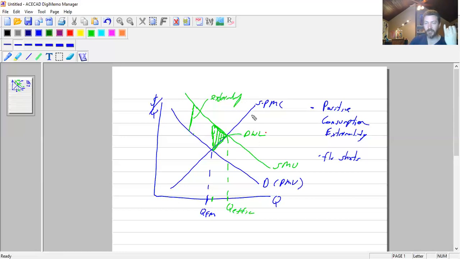All you have to do is just understand what kind of externality you're talking about. Is the externality positive or negative, or is it on the consumption side or on the production side? And just simply adjust that private marginal value or that private marginal cost curve to account for the external cost or the external benefit.